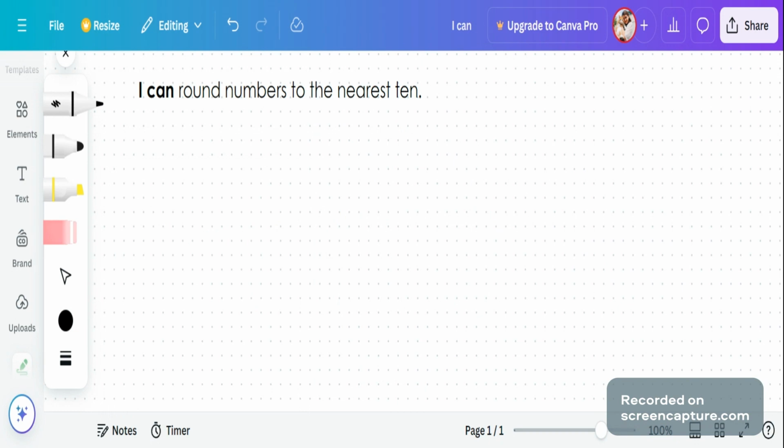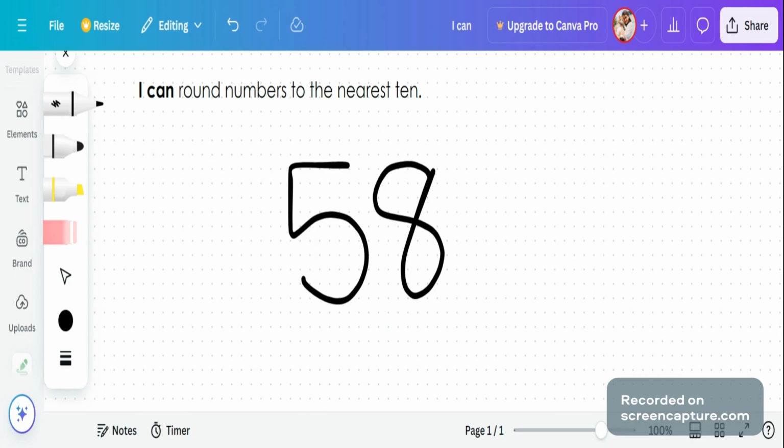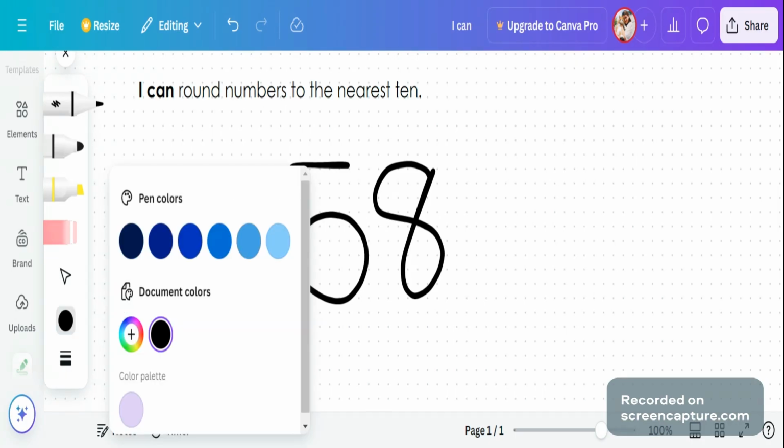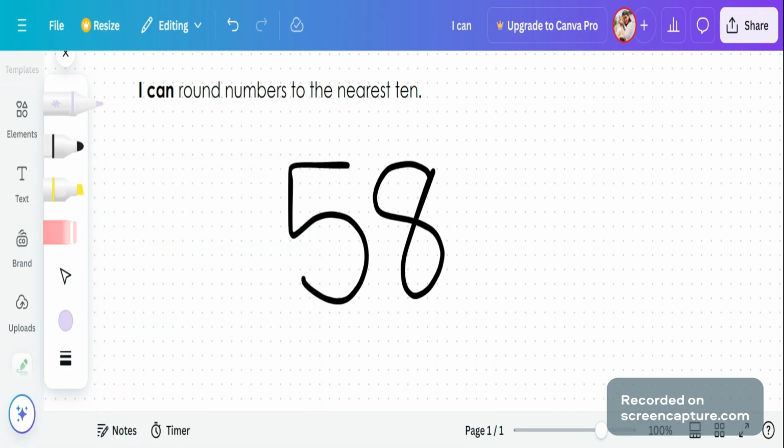Now write 58. What number is in our ones place? 8. Is 8 5 or more? Yes. 8 is equal to 5 or more, which means we need to raise the score.